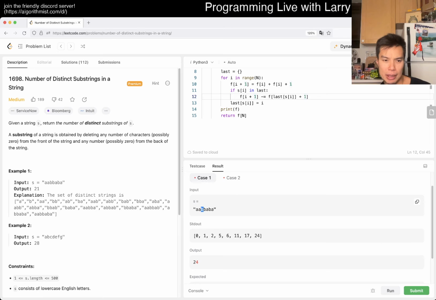But there should be, for B, there's B, AB, and AAB, so there's only 3, but 3 plus 2 is 5, so that's actually right. 6, is that right? The only one that is new is AABB is what it's suggesting, but is that true?